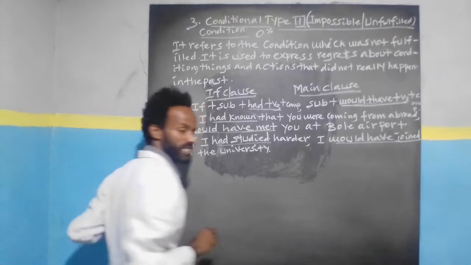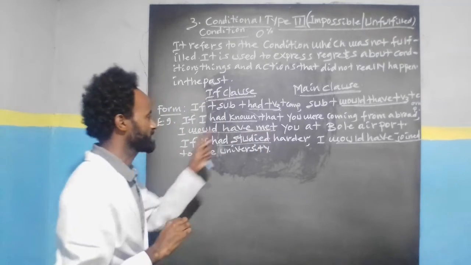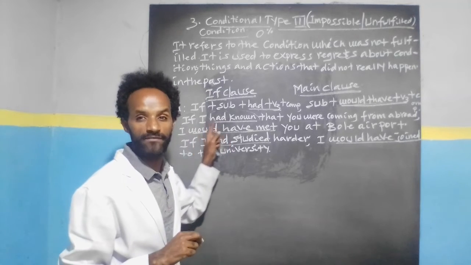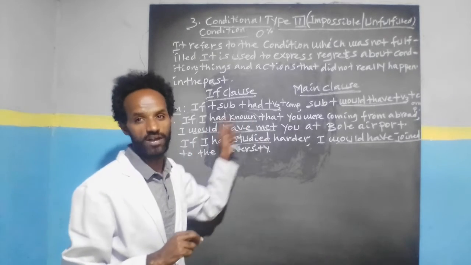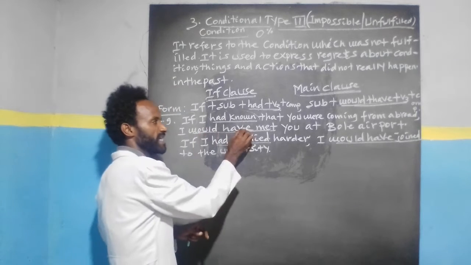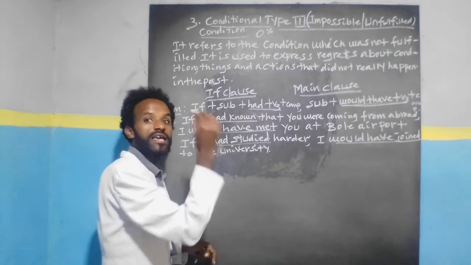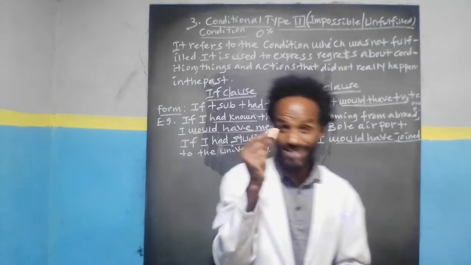So in the main clause part, as I've told you before, you may face the perfect conditional or conditional perfect. So would plus have plus met. Met is the past participle of meet. Right? So that's the point.